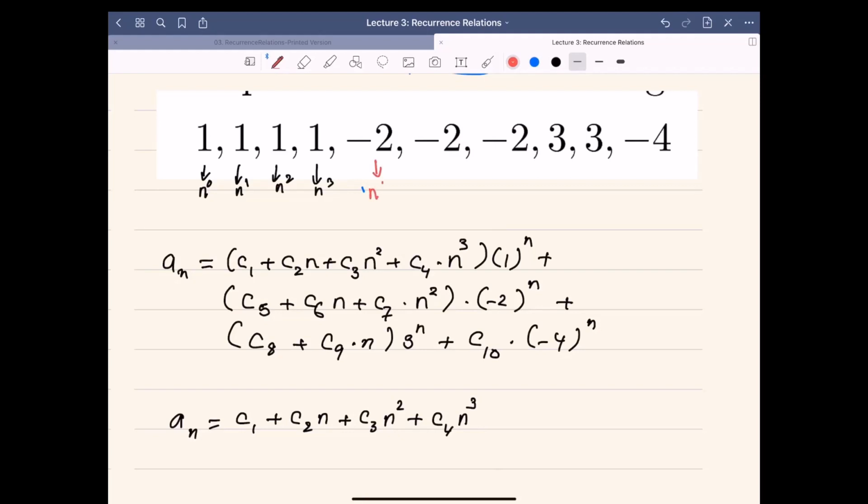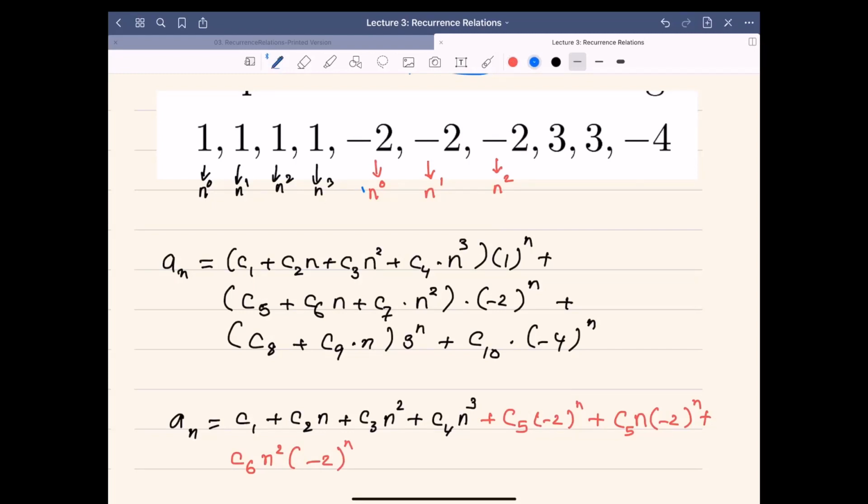This will be n raised to power 0, which is 1, n raised to power 1, and n raised to power 2. So the answer will be plus c5 multiplied by minus 2 raised to power n, plus c6 multiplied by n times minus 2 raised to power n, plus c7 n squared multiplied by minus 2 raised to power n.